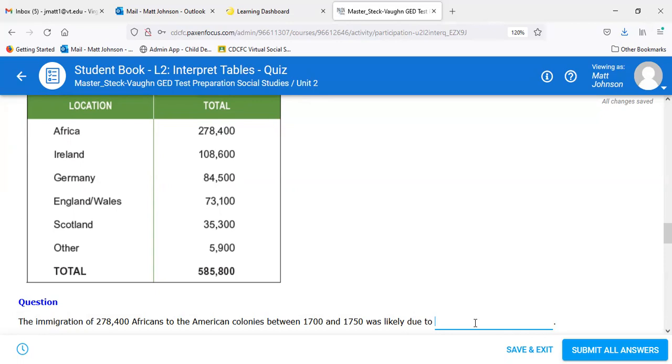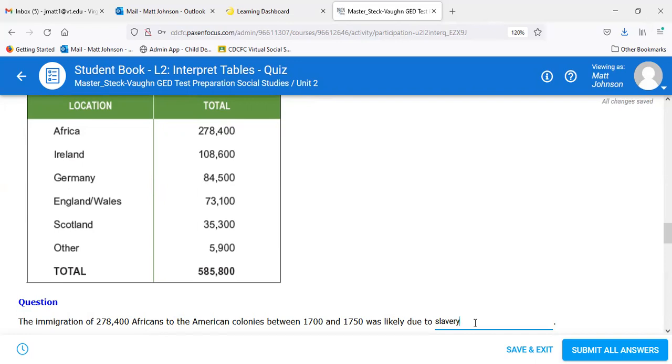So we know most of the colonies were settled by Europeans, particularly Britain. And then we see the Irish and Germans and others came later. And when you see a number like that, it's going to make you think, okay, what's driving that number? So slavery for number 3, SLAVERY.